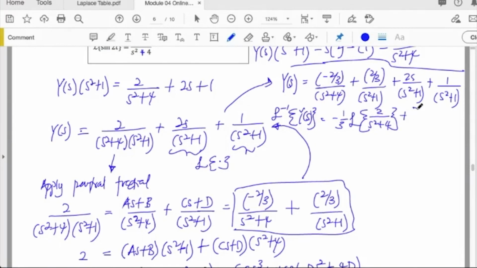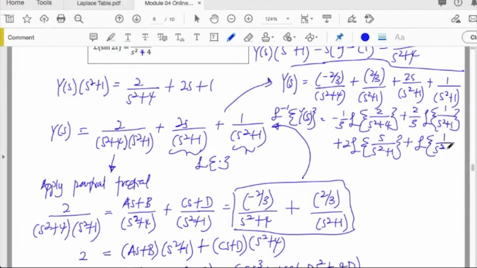The second part, 2 over 3, inverse Laplace transform of 1 over s squared plus 1, plus 2 times the inverse Laplace transform of s over s squared plus 1, plus the inverse Laplace transform of 1 over s squared plus 1.